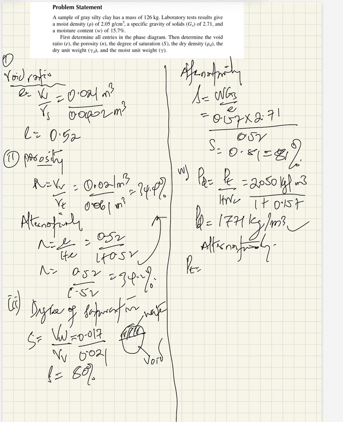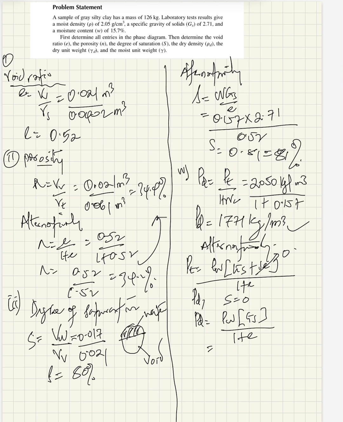Alternatively, we can obtain it using total density equals density of water times Gs plus Se, all over 1 plus e. So for dry density, S will be equal to 0. So dry density equals density of water times Gs, and this goes to 0 for dry density. So it will be Gs over 1 plus e, which equals density of water, 1000 kilogram per meter cube, times 2.71, all over 1 plus 0.52.